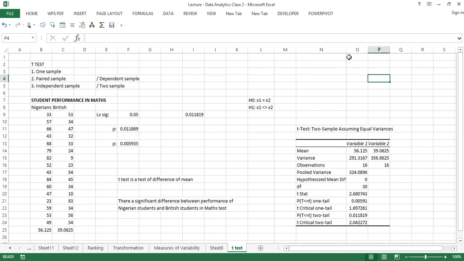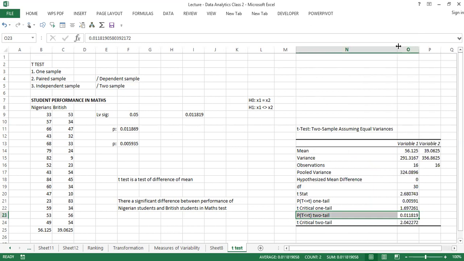What we got before was just this, by using the t.test function. Why? Because that's the most important variable you need for your interpretation. Is this clear to everyone?